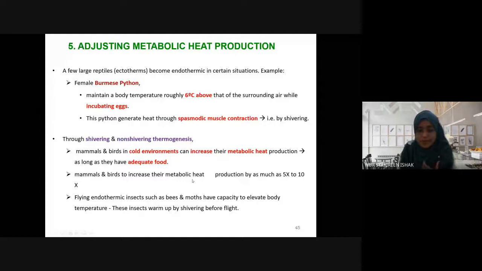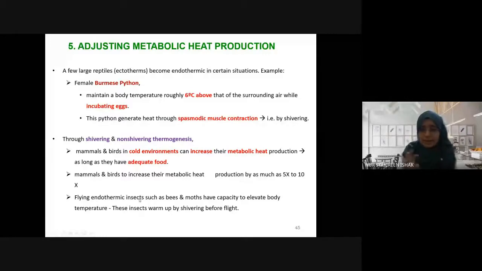Okay. And then next one is flying endothermic insects such as bees and moths have capacity to elevate body temperature. So these insects warm up by shivering before flight. So kalau insects ni they are ectothermic usually kan. Tapi there are endothermic insects when they are about to fly.